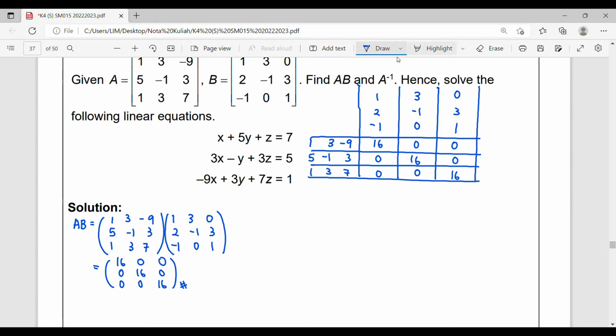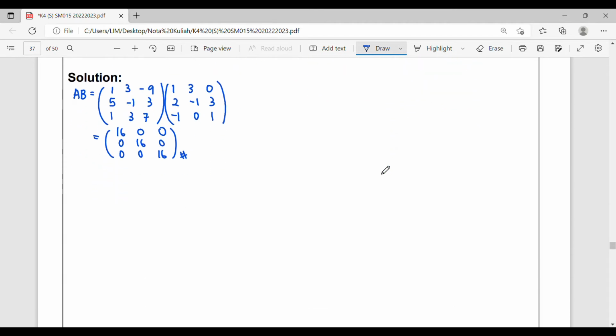And we need to find A inverse. In order to find A inverse, we have three methods. The first one is the adjoint method. Second will be ERO. Third one will be properties.